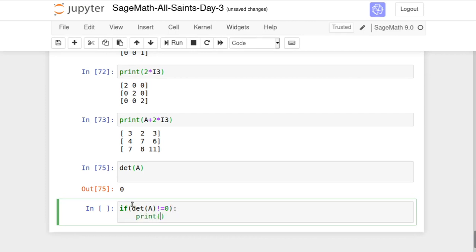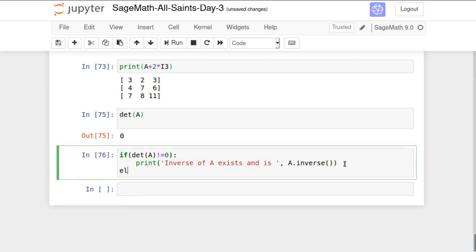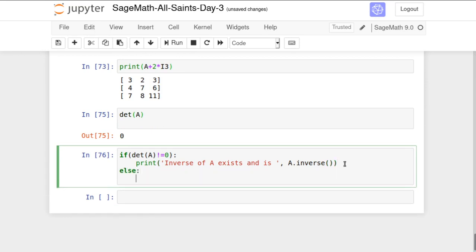Print inverse of A exists and is A dot inverse, or else print A not invertible.